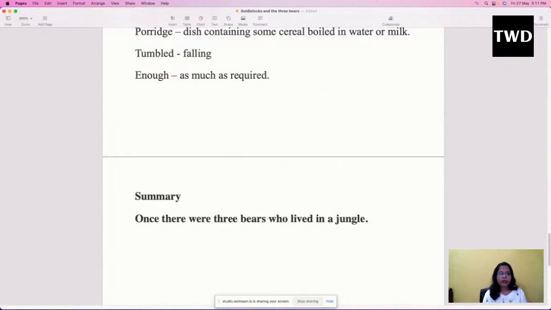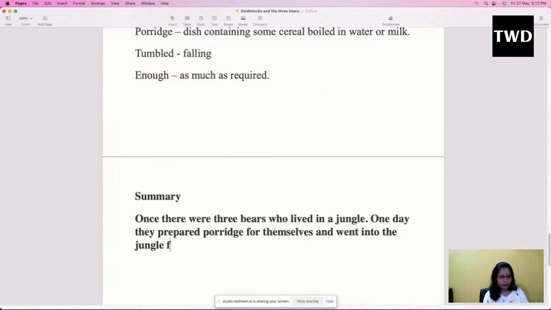So once there were three bears who lived in a jungle. One day they prepared porridge for themselves and went into the jungle for a walk.